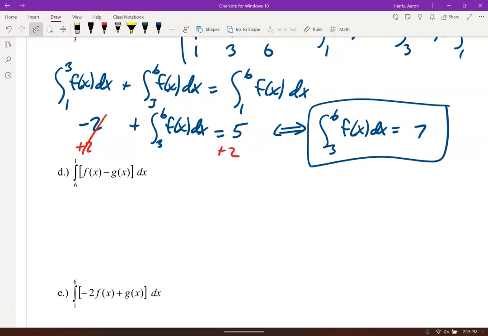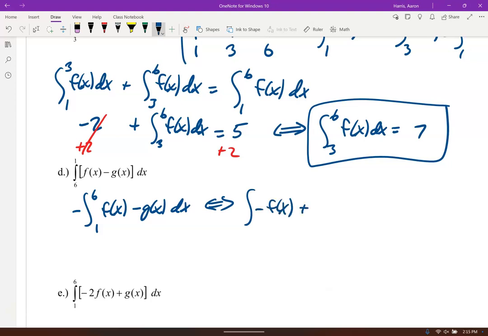Here I've got a 6 to 1, so I'm going to flip that around. 1 to 6 of this f of x minus g of x dx. And I could take that through as well. So it'd be negative f of x and then plus a g of x from 1 to 6.